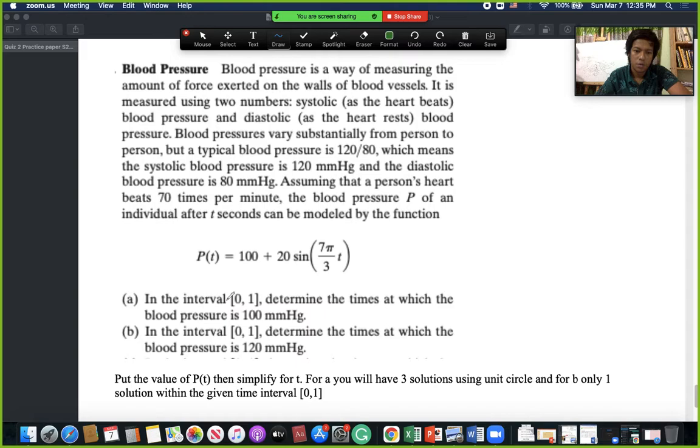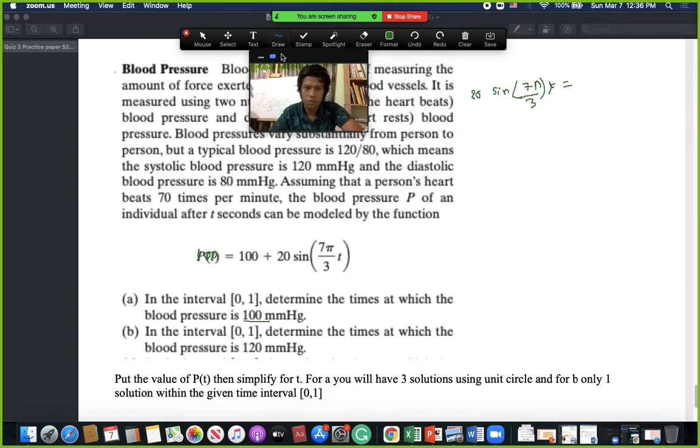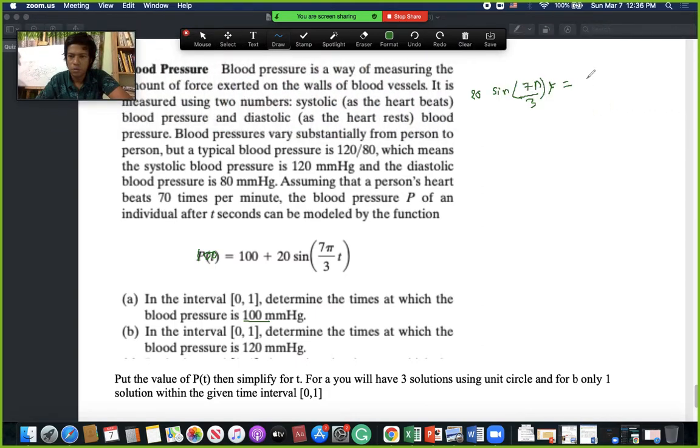First, for the first math, if we put 100 on this side, then you will notice that this 100 from both sides we can remove. Then it will be 20 sine 7 pi by 3 into t equals 0.